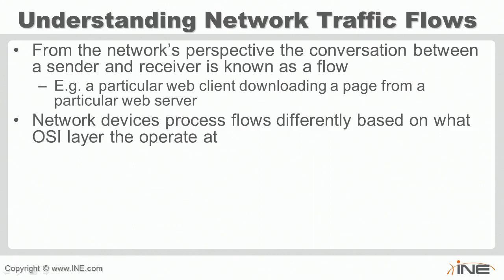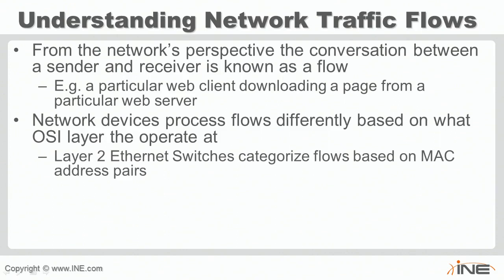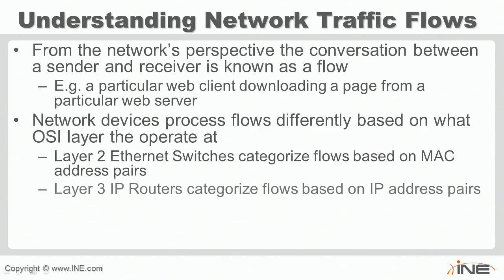So a layer 2 Ethernet switch is going to be categorizing flows based on layer 2 MAC addresses, or essentially the hardware addresses of the sender and the receiver. Where a layer 3 IP router may be categorizing the flows based on IP version 4 addresses or IP version 6 addresses.